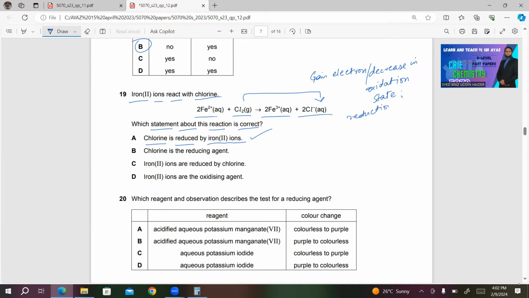So chlorine is definitely reduced by iron(II) ions. So this statement is correct. For your convenience, I am reading the other statements. B. Chlorine is a reducing agent. If chlorine is a reducing agent, it means that chlorine is reducing Fe²⁺ to Fe³⁺, which is incorrect. Chlorine is an oxidizing agent. So this is incorrect.